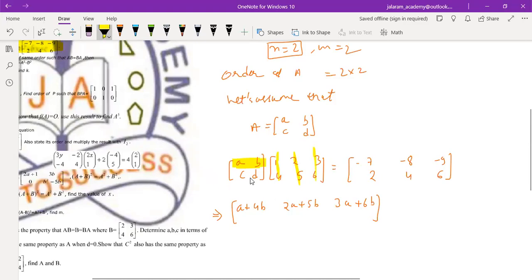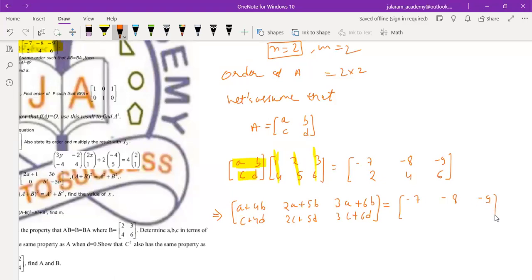Then it's turn for the second row. Second row, first column: c plus 4d, 2c plus 5d, 3c plus 6d. If anyone has doubt, ask your doubts in the comment box. -7, -8, -9, 2, 4, 6.